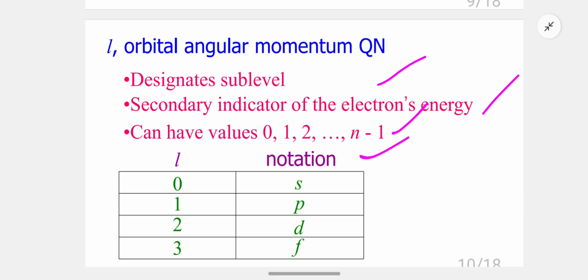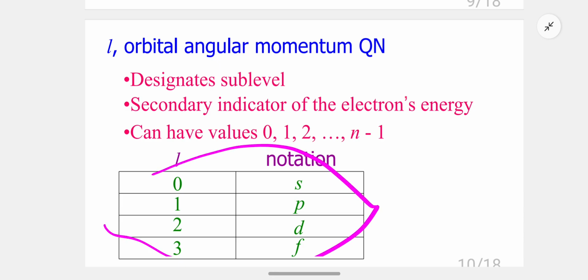That was our general explanation of the azimuthal quantum number.